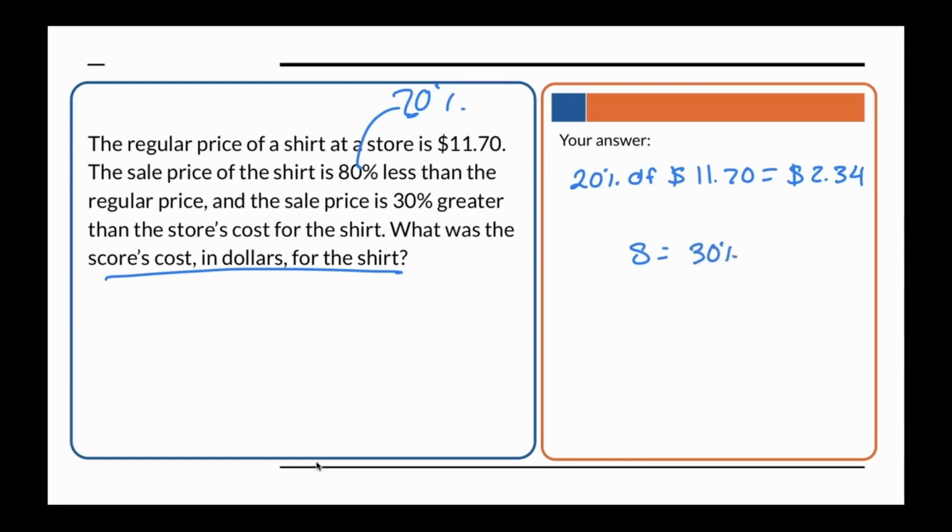It's 30% greater, which means it's 1.30 times C, the store's cost. And so then we would do 2.34 equals 1.30 C. I'm trying to write this in a way that's easy to understand.